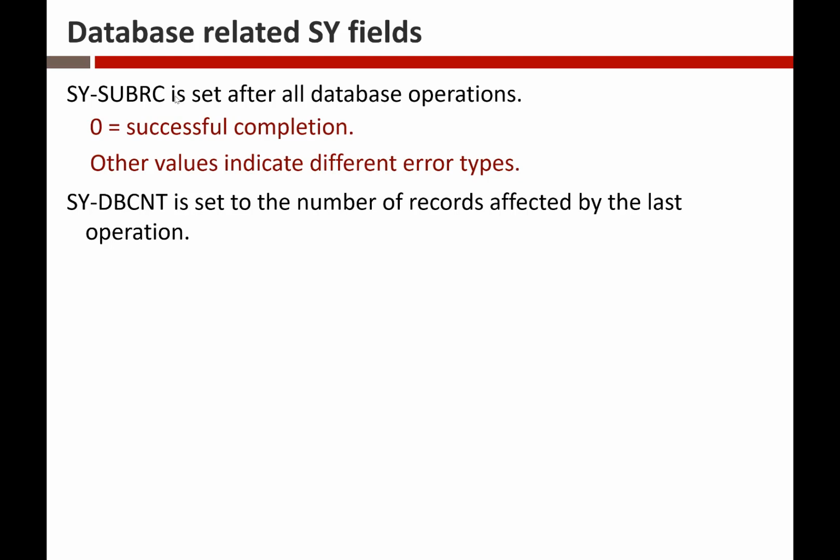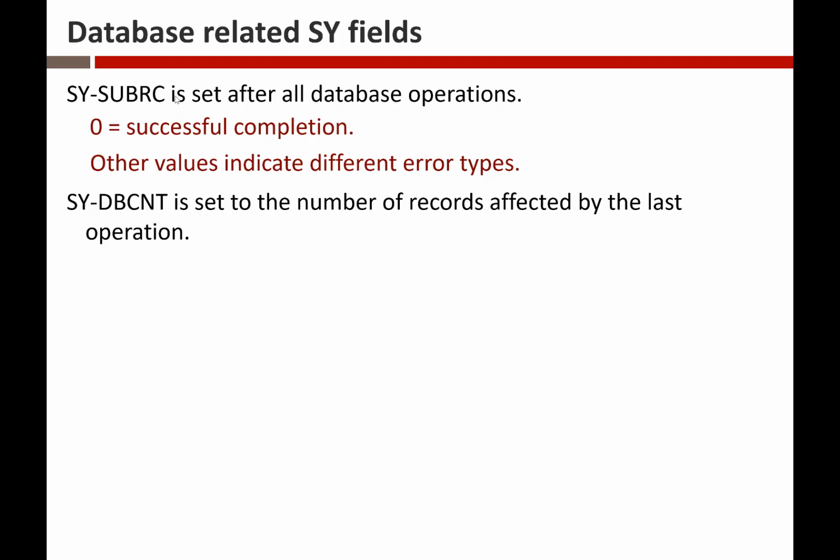Now, if you think about that, we could have just done the update and then checked sy-dbcnt to see if we got a number greater than 0. And if we saw a number greater than 0, then we would know that's successful. So sometimes you can get away with not checking sy-subrc and instead can check sy-dbcnt.